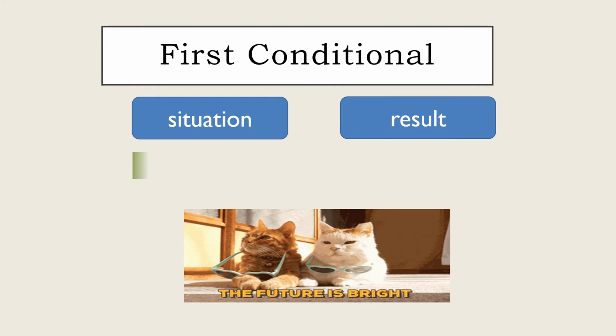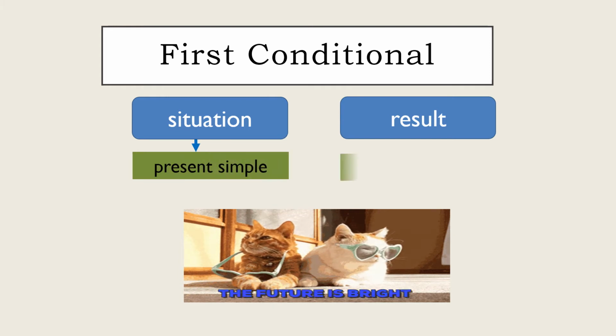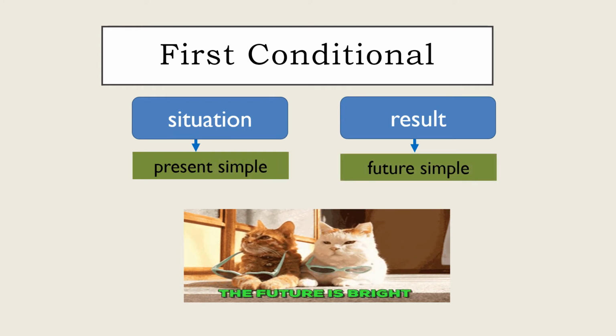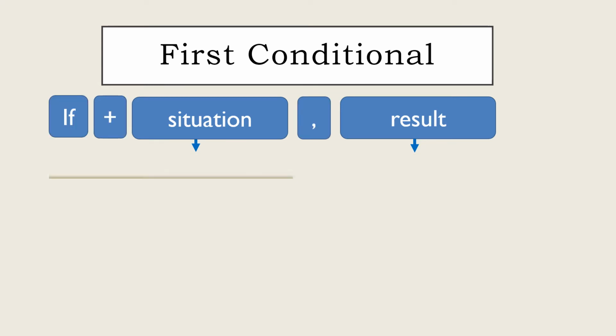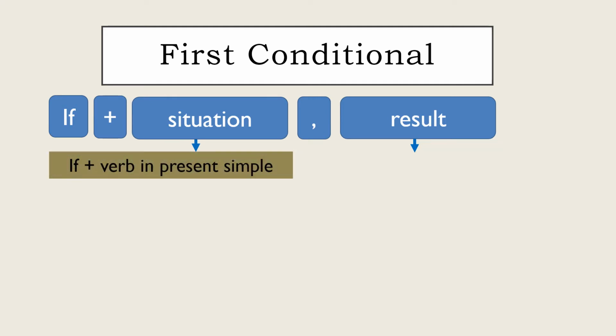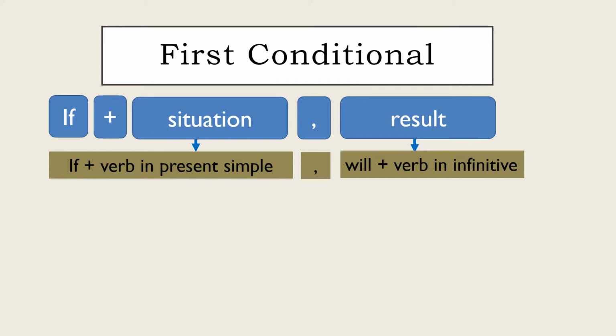Situation is in the present simple, while the result is in the future simple. Kita gunakan present simple untuk menggambarkan situasi dan future simple untuk menggambarkan keputusan ataupun kesan. The most common first conditional pattern is if plus verb in present simple form, comma, will plus verb in infinitive form.